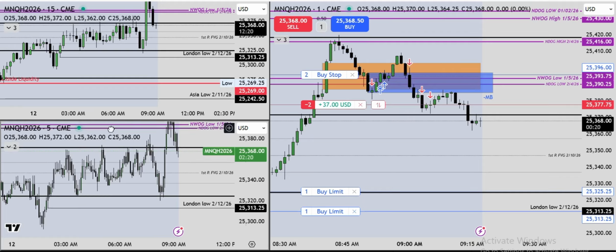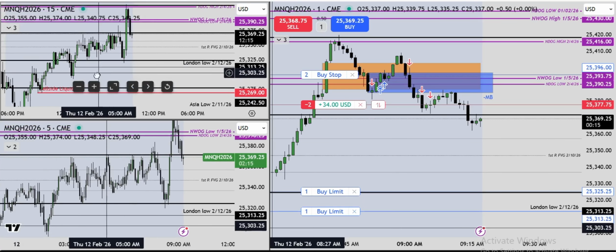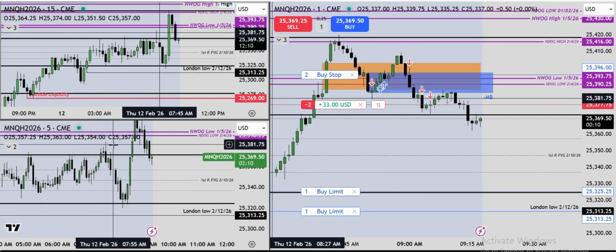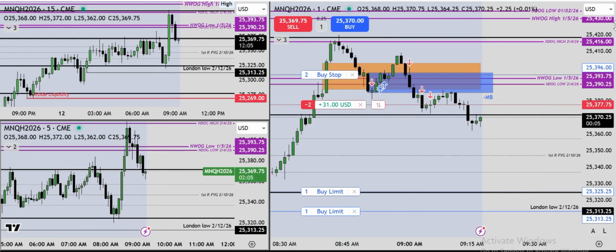On the 15-minute, we have price starting to dig into that bullish fair value gap. I want to see us close below its consequent encroachment. And on the 5-minute, we also have a 5-minute BISI that I want to see price dig into.